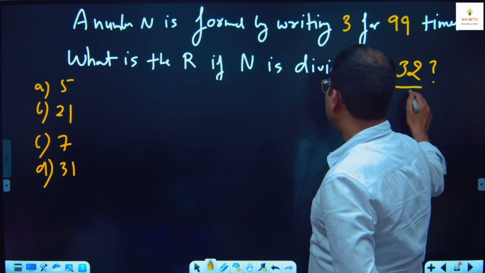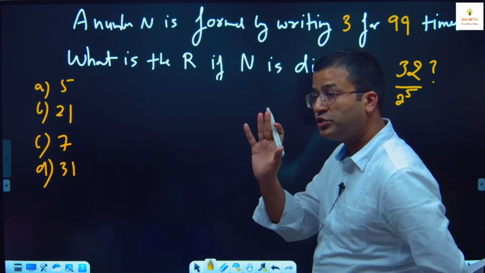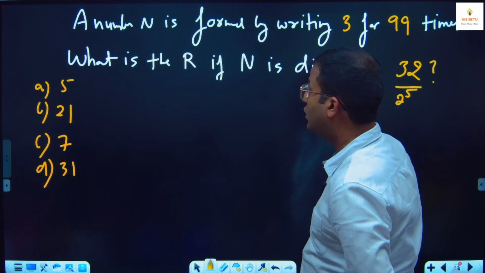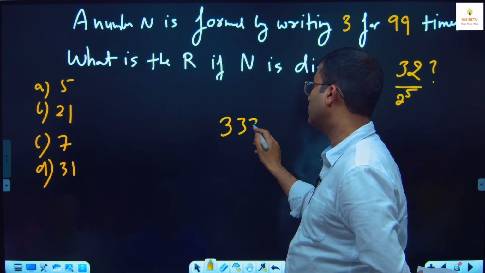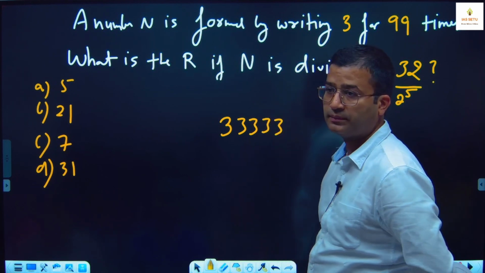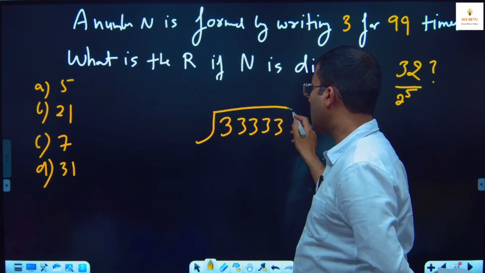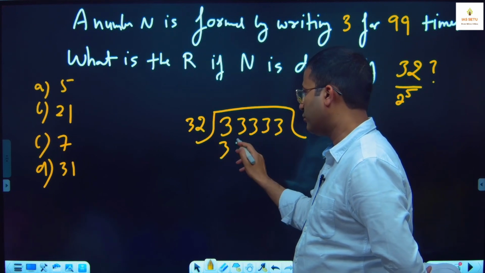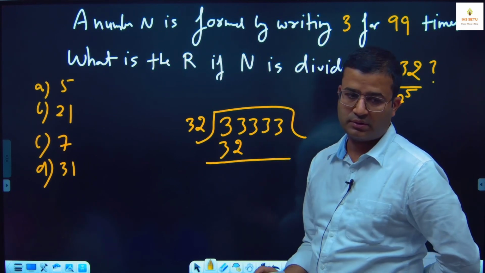Divisibility of 32: 2 is to power 5, so you have to check the last 5 digits, and there are 3 99 times, so here 3 3 3 3 3. You have to check the last 5 digits with 32. Calculation you have to manage, इतनी तो करनी पड़ेगी.